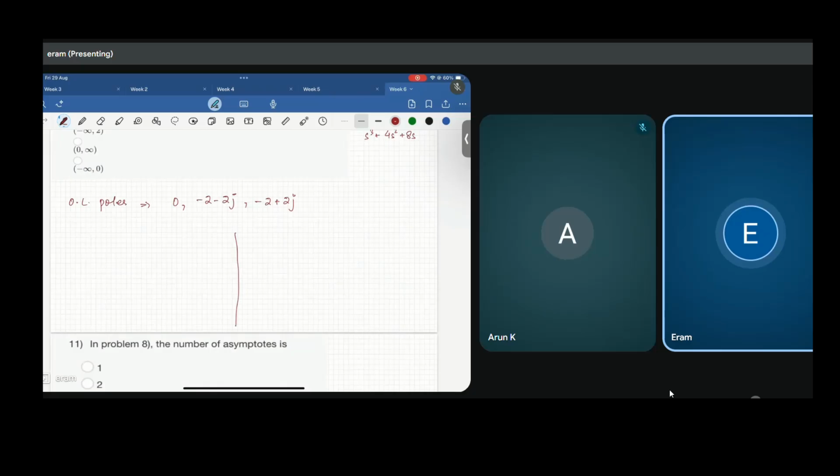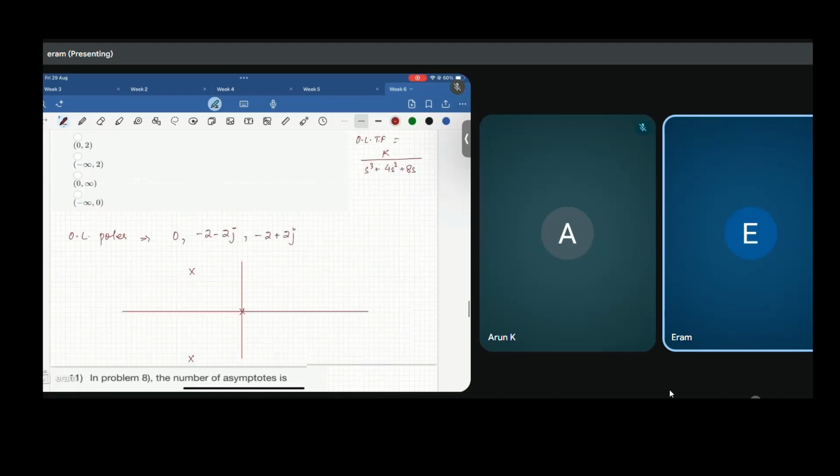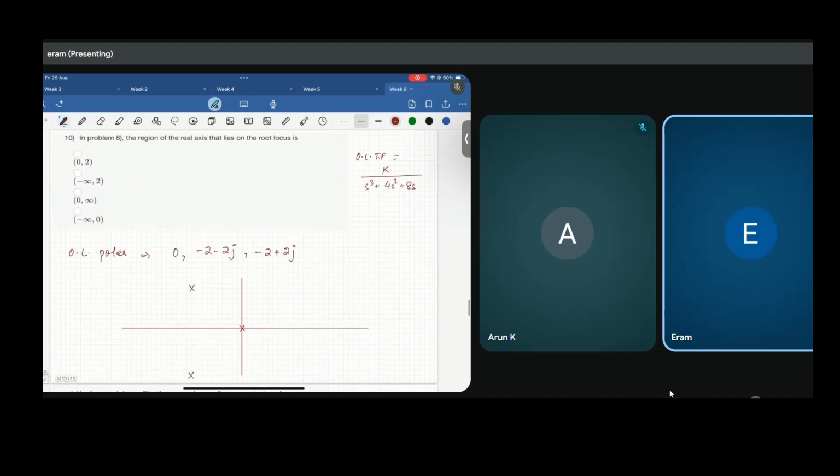So the poles are at 0, -2 plus 2j and -2 minus 2j.